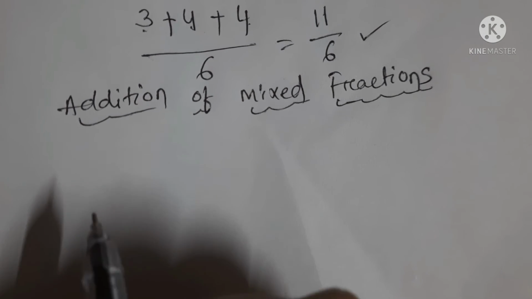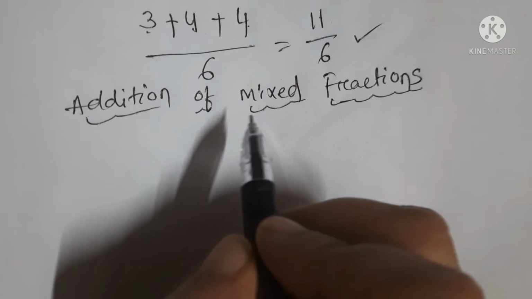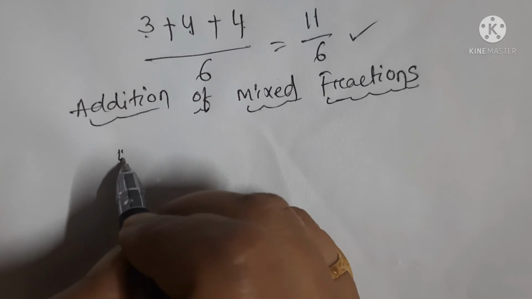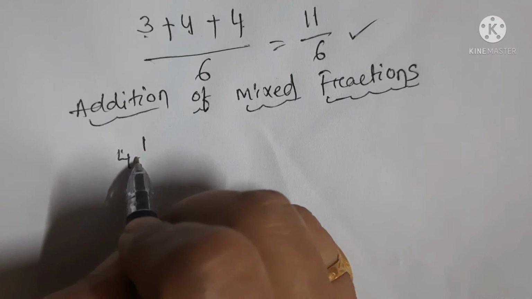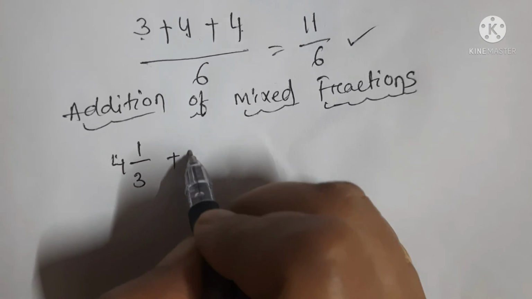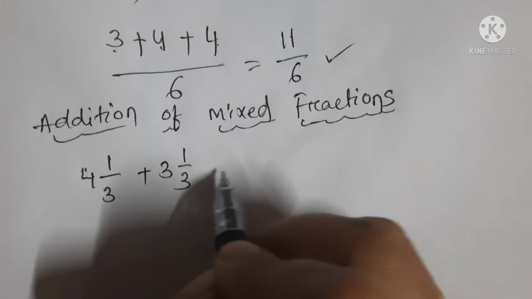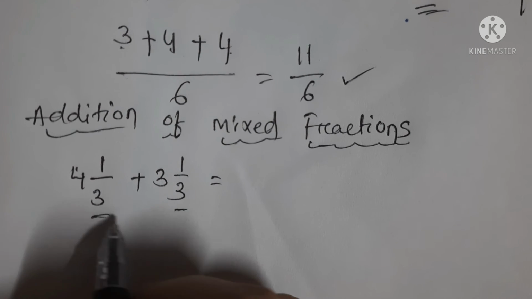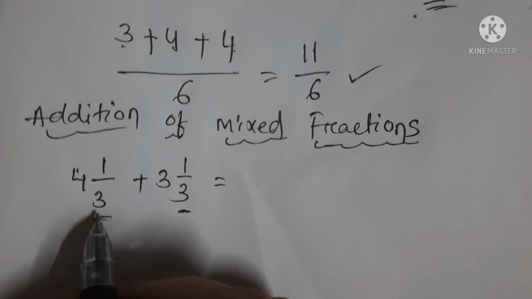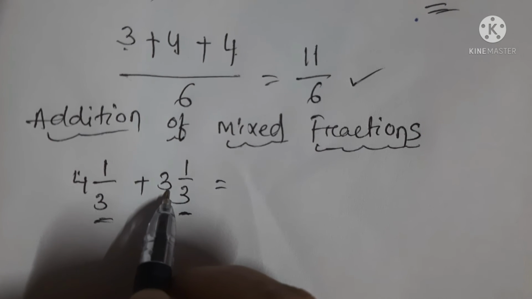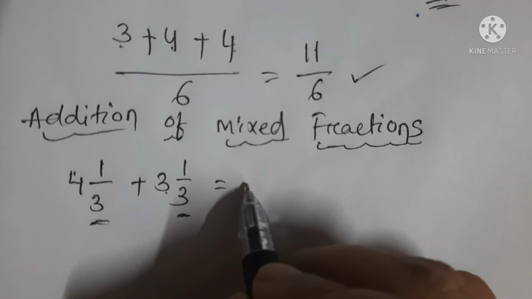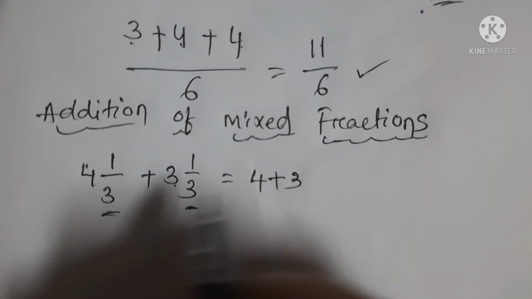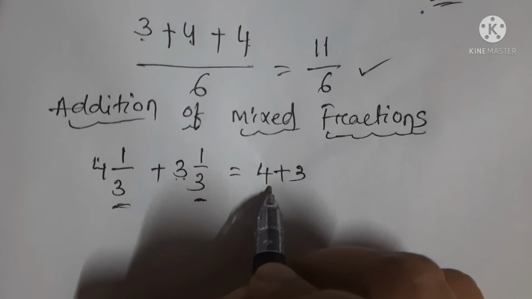Here we move to the next fractions, that is addition of mixed fractions. For example, 4 1 by 3 plus 3 1 upon 3 is equal to. Here also you can see these both are like fractions. So in two ways you can do this. 4 plus 3, the whole numbers you keep on one side.